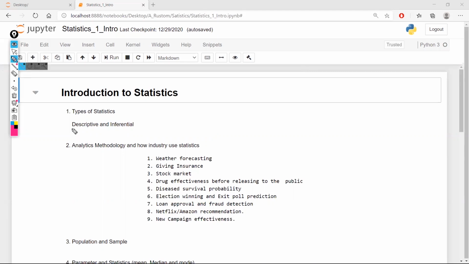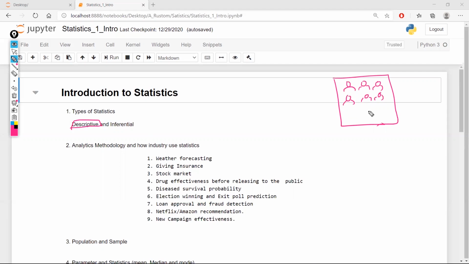When I say descriptive statistics, assume that I have a class and I have students, say one classroom. I can explain the marks or the average score of my class.